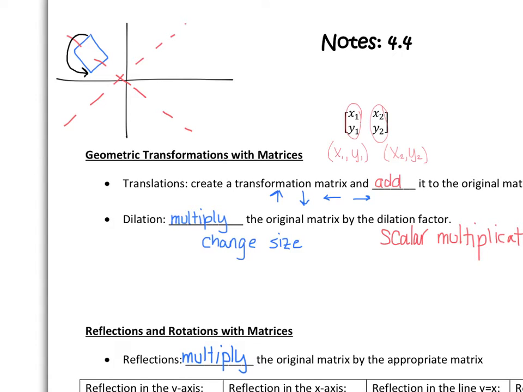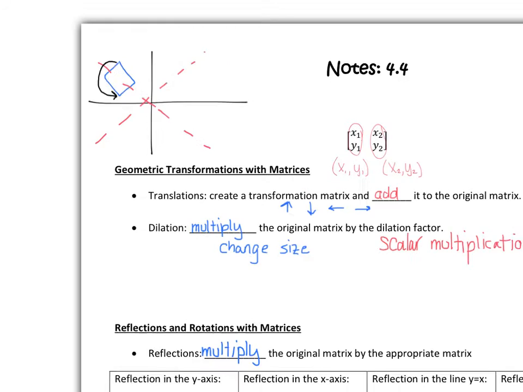We're just twisting the shape, basically. If you rotate something 360 degrees, what do you end up with? The same thing you started out with, right? Remember that. Might help you on your homework.